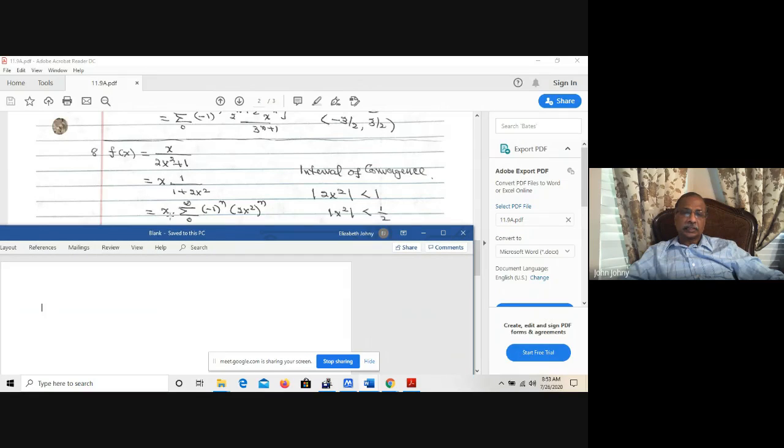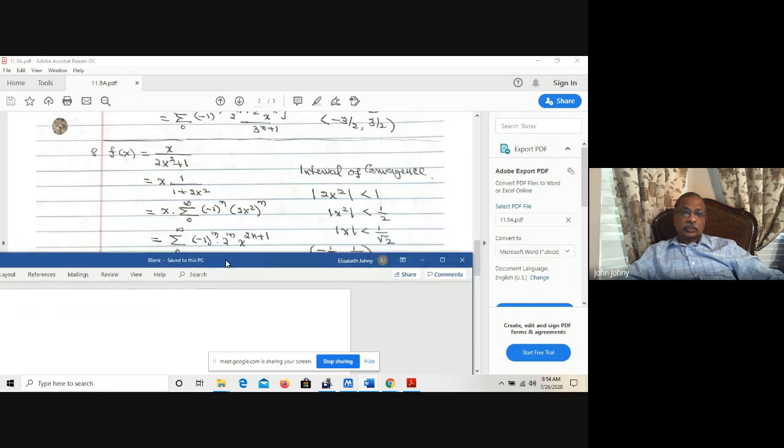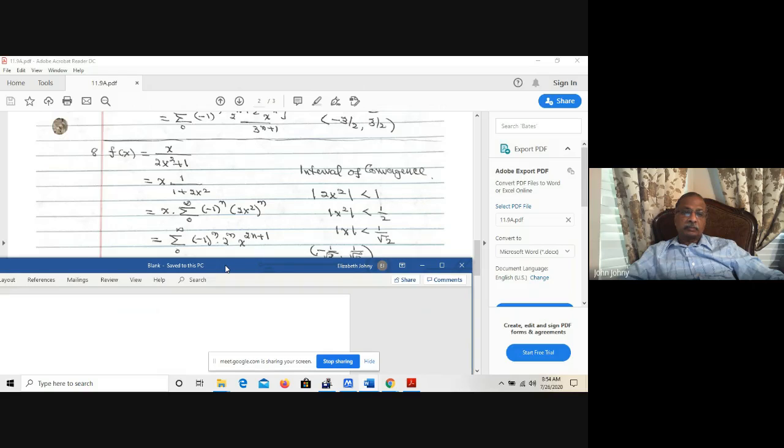So that is x times the expansion of 1 over 1 plus 2x squared, which is the sum from 0 to infinity of (-1)^n x^n, where you replace x by 2x squared. Now multiply each term by x, you get the sum from 0 to infinity of (-1)^n 2^n x^(2n) multiplied by x, that is x to the power of 2n plus 1.